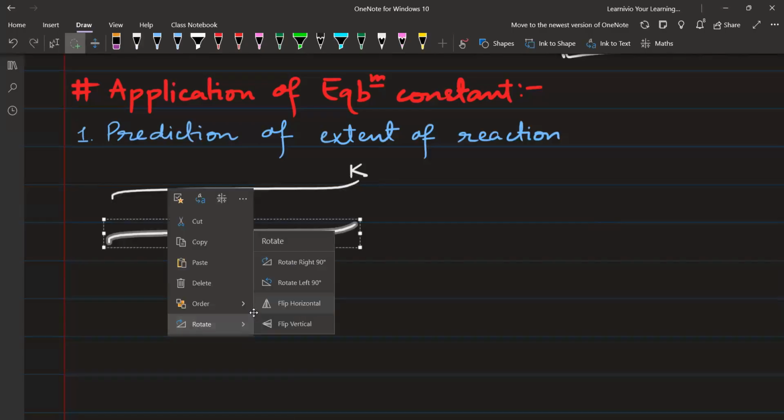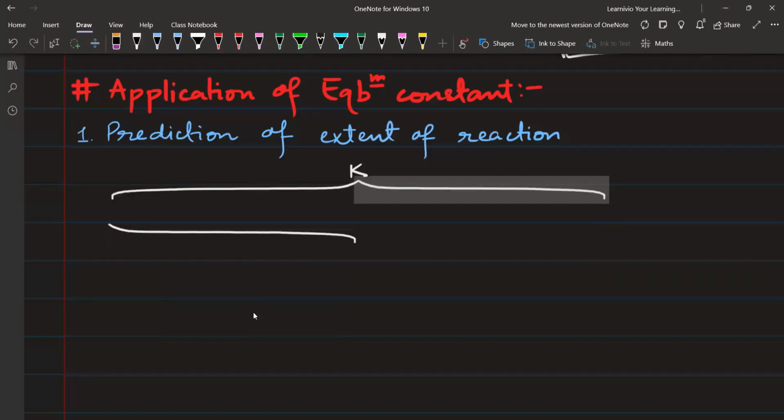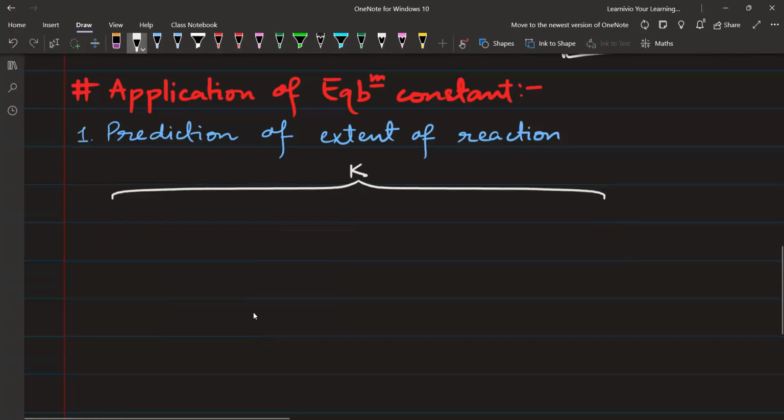K को जो है ना, the values of K can range from somewhere to somewhere, है ना? उसी के हिसाब से there are extent of reaction, like how much product will be there, will the product be formed or not formed, उस तरह की बातें हैं यहाँ पे.